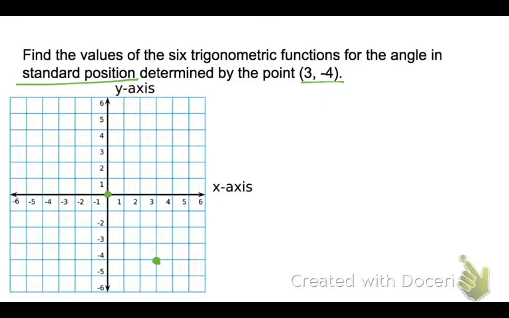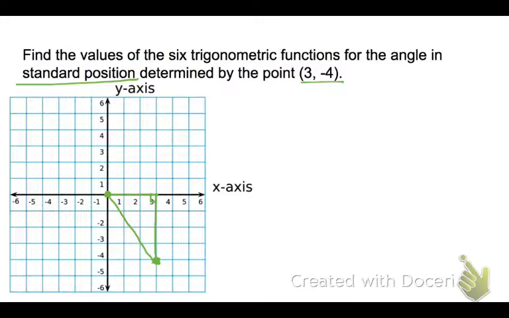Now, if I want to find 6 trigonometric functions, that means I need a right triangle. So I'm going to connect these points and create a right triangle with one vertex at the origin 0, 0, and the other vertex at the point 3, -4.